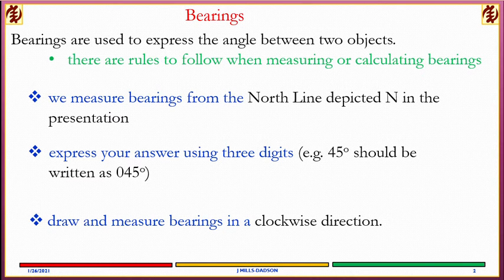Okay, so I'm going to give you examples and explain how we employ these features and rules in bearings. Let's look at the first example.